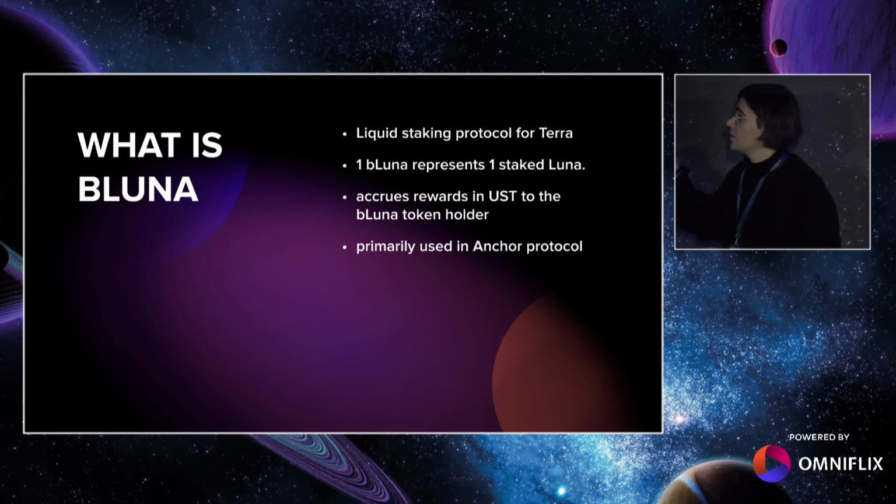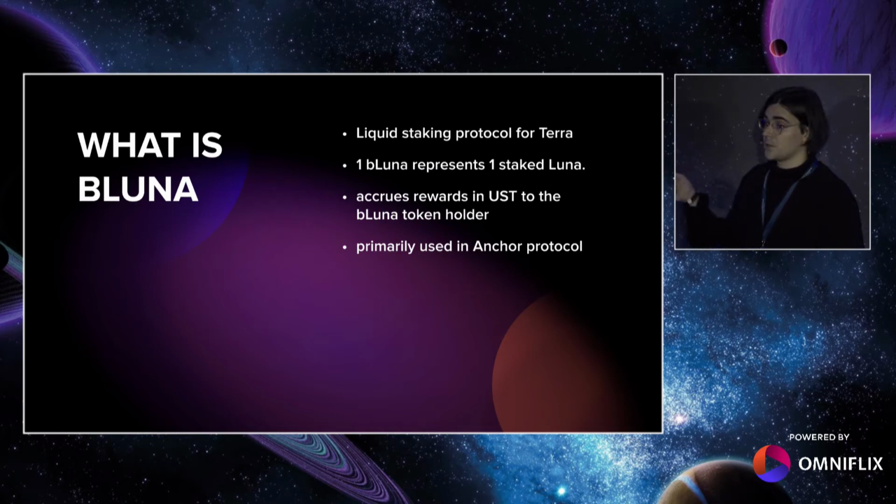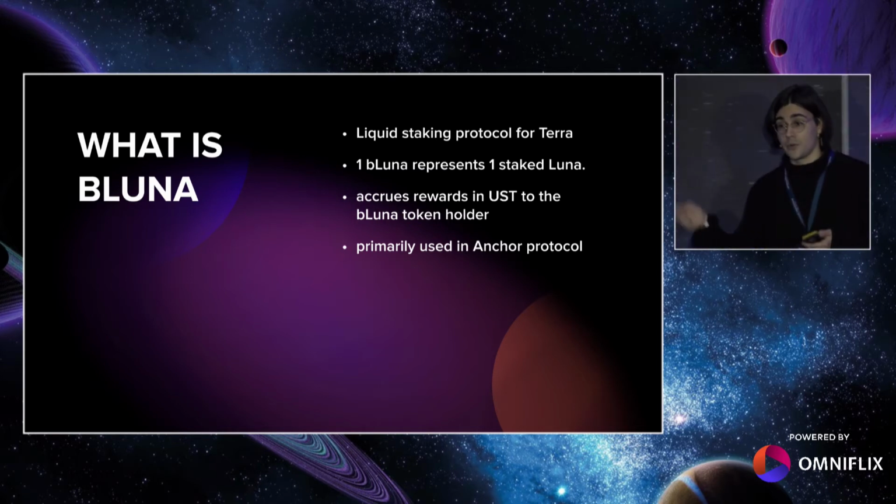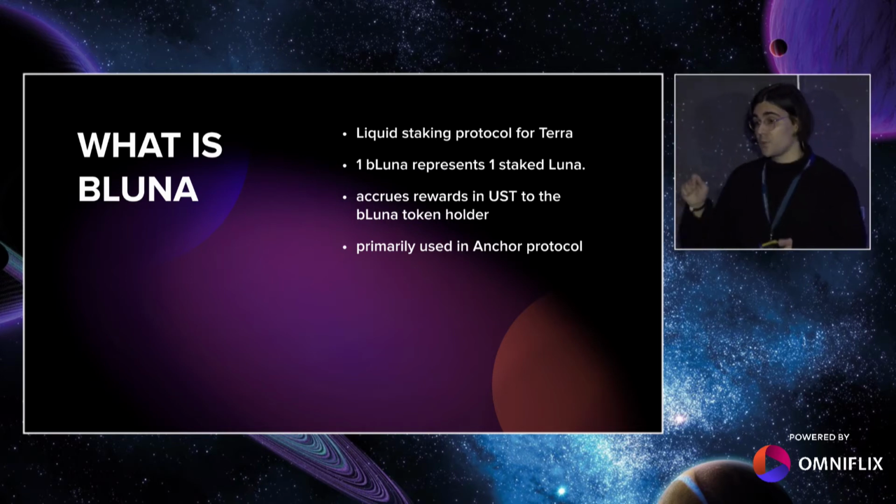The second thing that I would like to talk about is a very distinctive feature of BLUNA that we'll come back to later once again. It is how BLUNA deals with the accrued rewards. The accrued rewards are sold to UST, and you can claim them in UST from a separate contract.